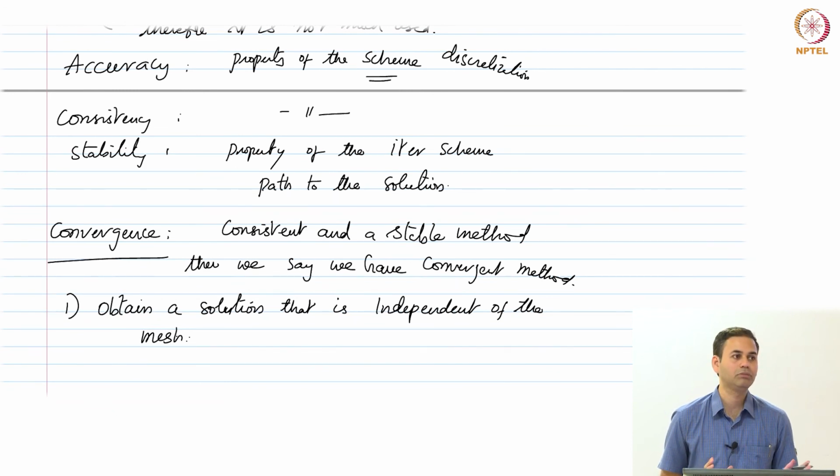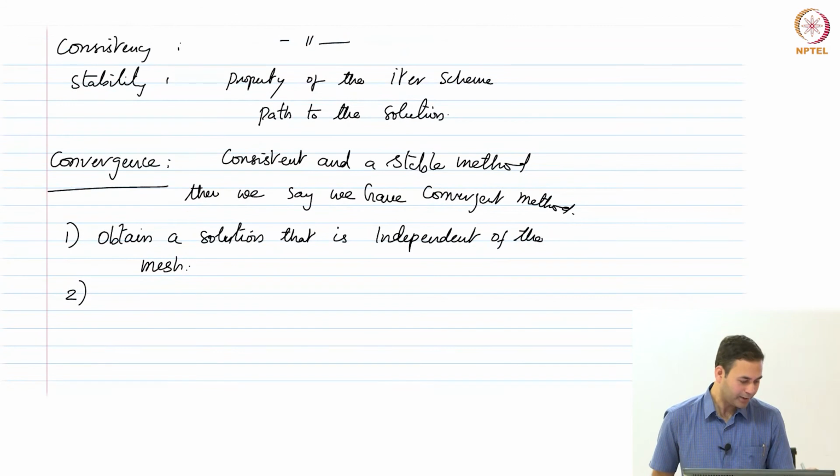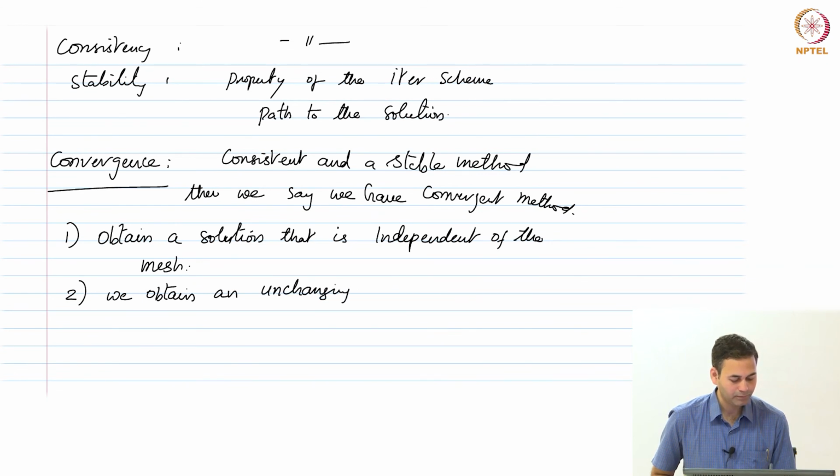In some contexts, convergence is used to indicate that the method converges as you take finer meshes. And in another context, convergence means that we obtain an unchanging answer from the scheme.